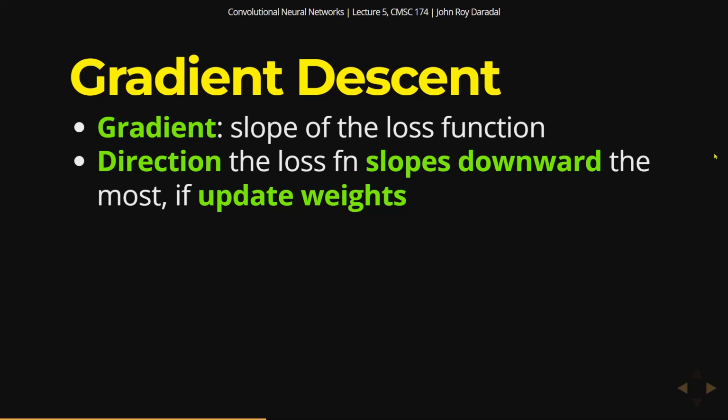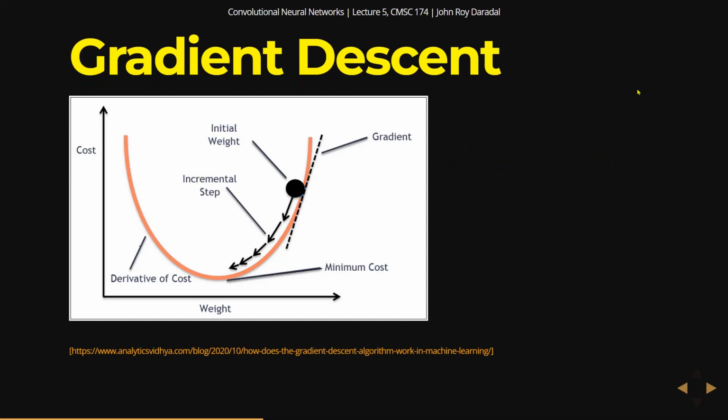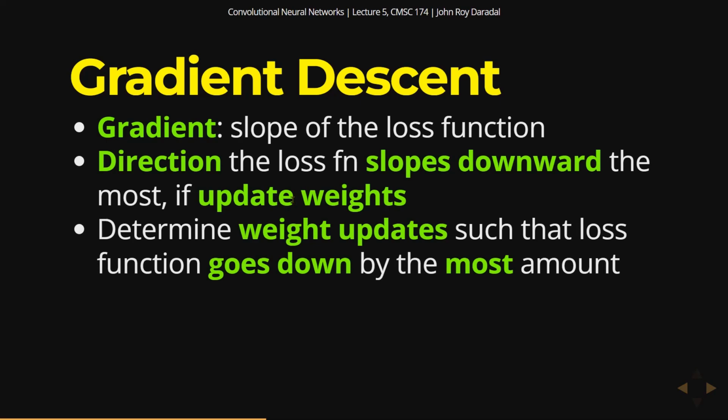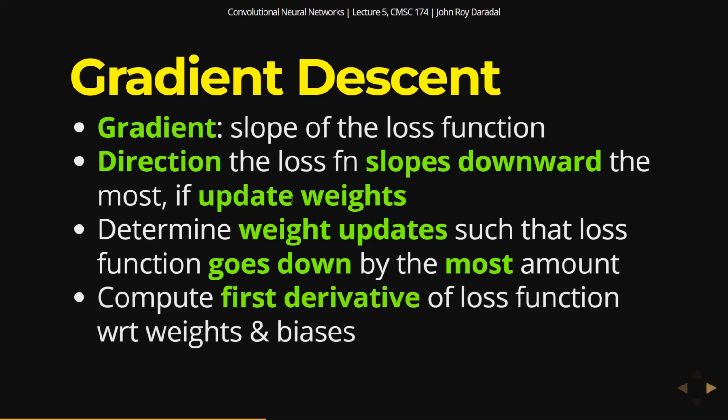So for example, going back here, we're trying to figure out how I should update this set of weights so that if I update them, the loss function will go down the most. So determine the weight updates such that the loss function goes down by the most amount. That's what we're trying to find in gradient descent. And we do that by computing the first derivative of the loss function with respect to the weights and the biases. First derivative from calculus, so you're familiar with this already.